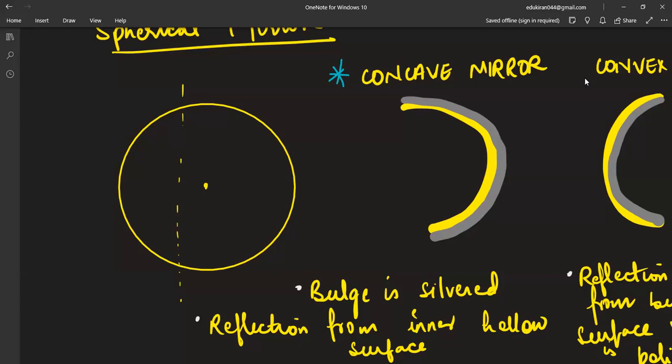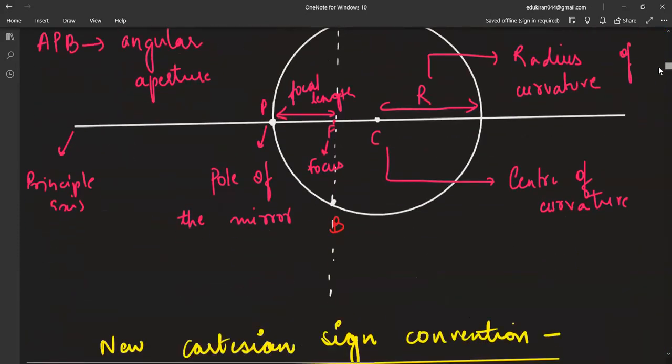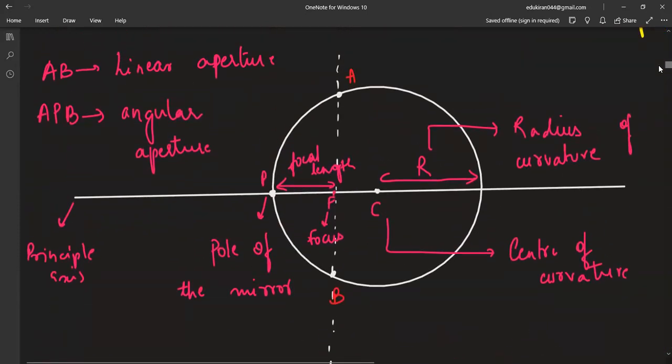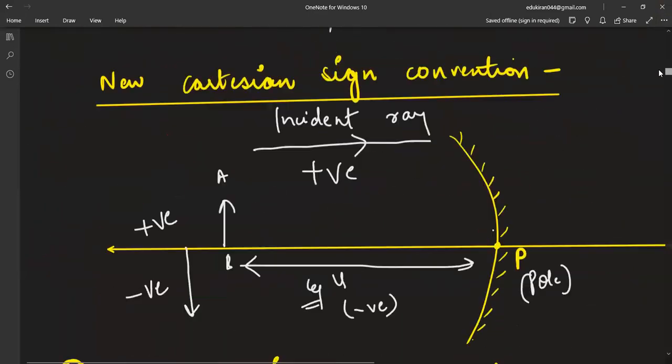Moreover, we'll be studying everything, so you have to pay attention to the convex mirror also. A convex mirror means the bulged part is available for reflection to occur and the inner concavity is present for silvering. So these were the very basic terminologies which we had seen. All of these are important: principal axis, pole, focus, focal length, radius of curvature, center of curvature.